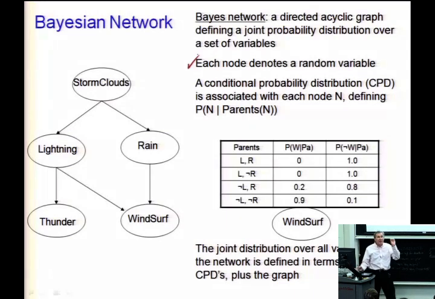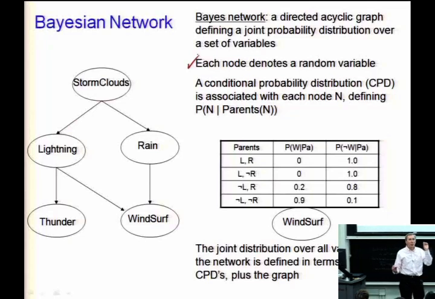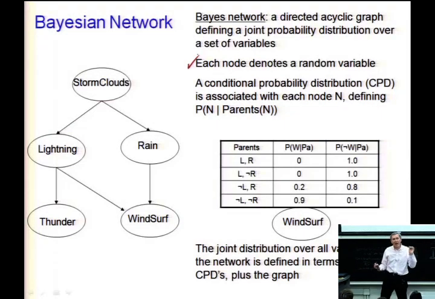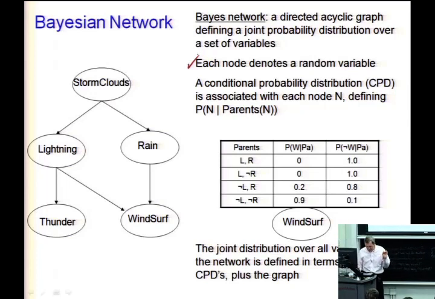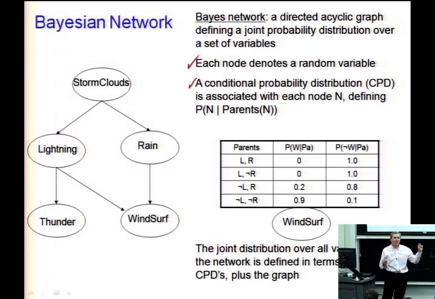And here's the other half of what we need to specify in order to have a fully defined probability distribution over our random variables. We associate a conditional probability distribution with each node in the graph.